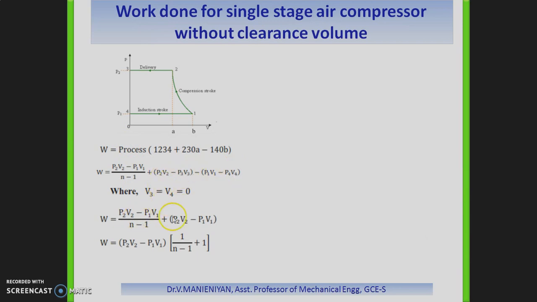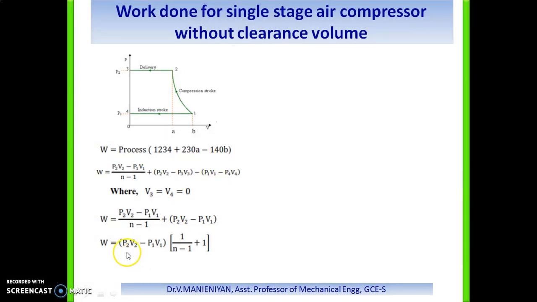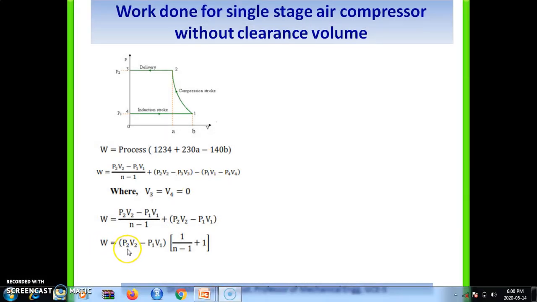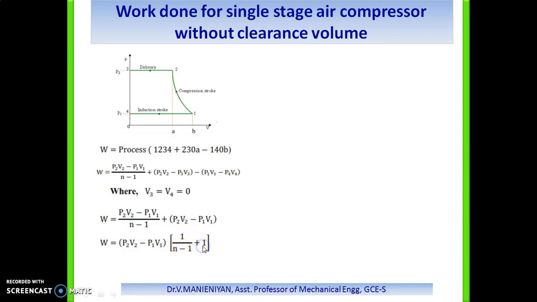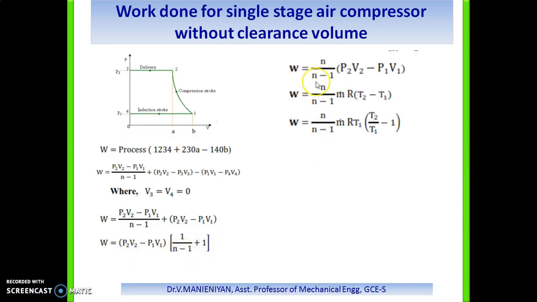So that is the simplification: P2 V2 minus P1 V1. Further simplification of the work done: P2 V2 minus P1 V1 divided by n minus 1 plus 1. Next, the work done simplifies to n divided by n minus 1 times P2 V2 minus P1 V1.